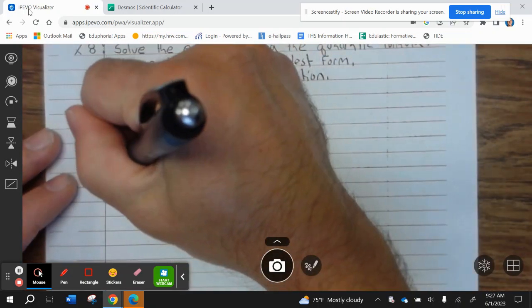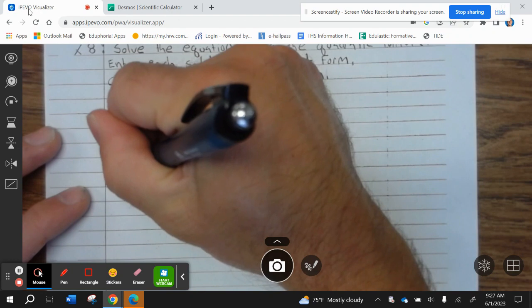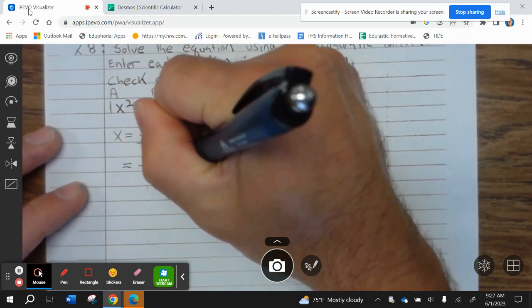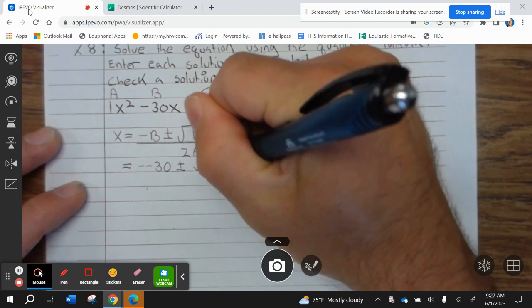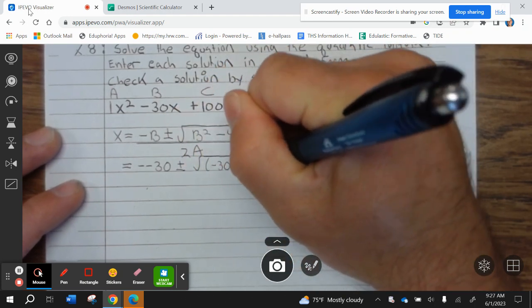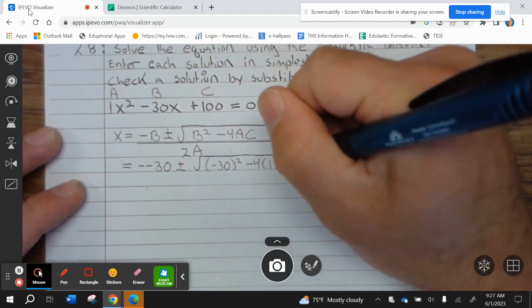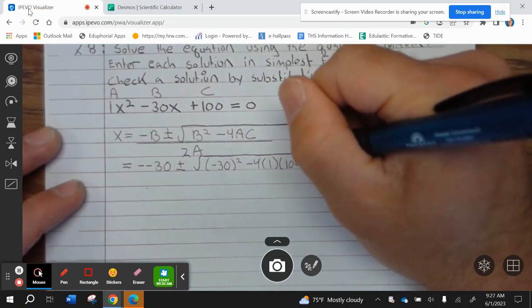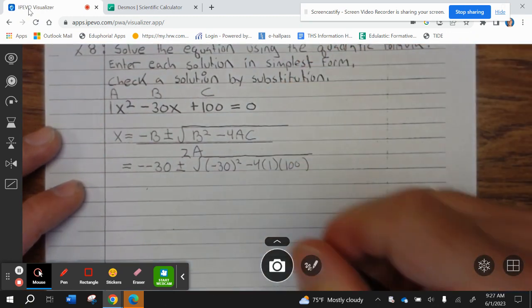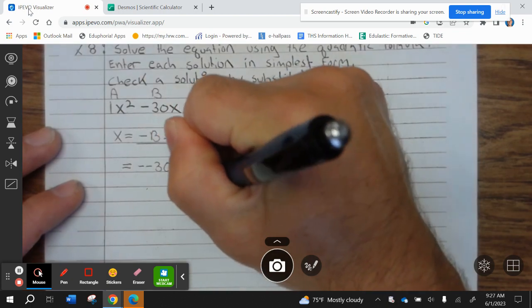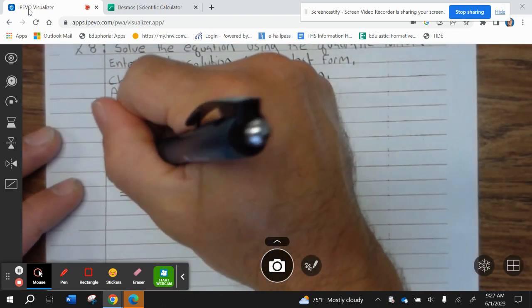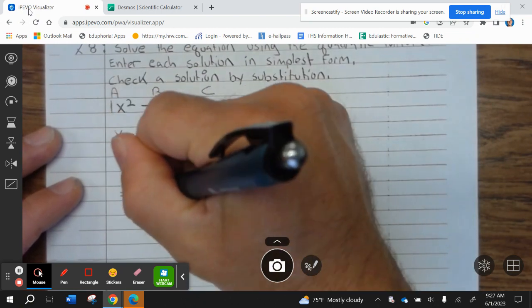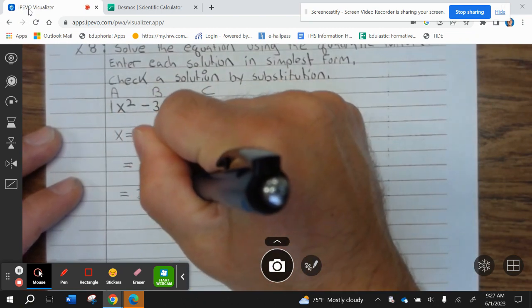Okay, negative b, so negative 30 plus or minus the square root of negative 30 squared minus 4 times 1 times 100, divided by 2 times 1. Well, a negative times negative is a positive, so it's 30 plus or minus the square root.